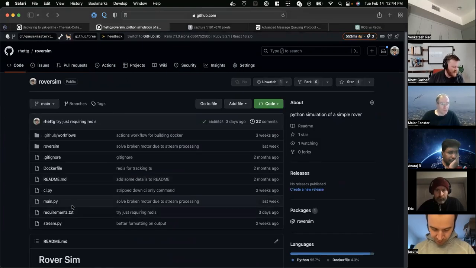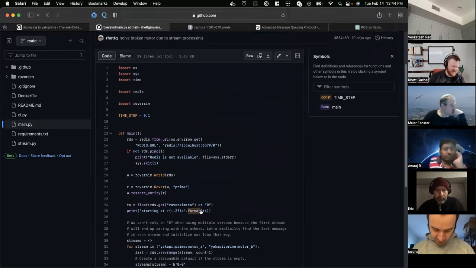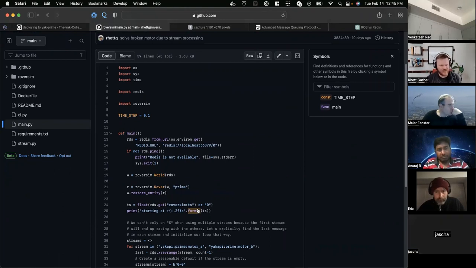But this other part, main, which is running the world, that's pure simulation, and the rover doesn't even need to know it exists. All it is doing is reading from Redis streams about what someone asked motors or actuators to do. And it should also work the other way, where sensors are coming out of this.